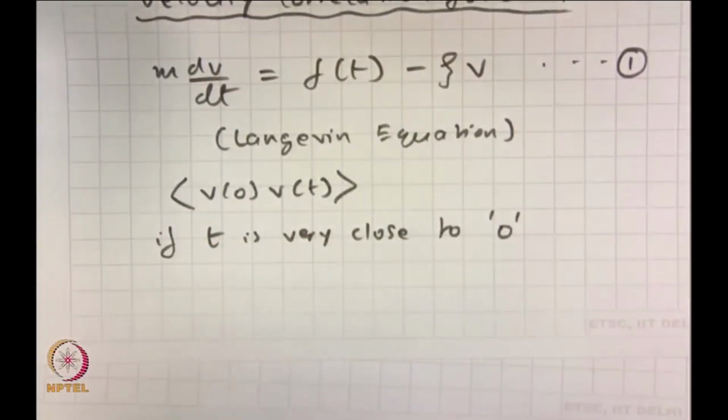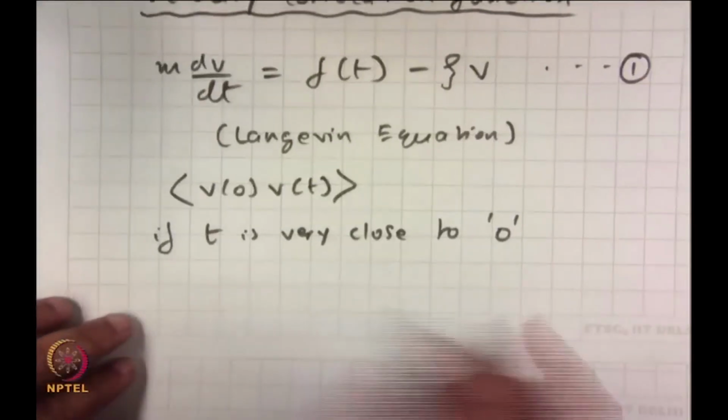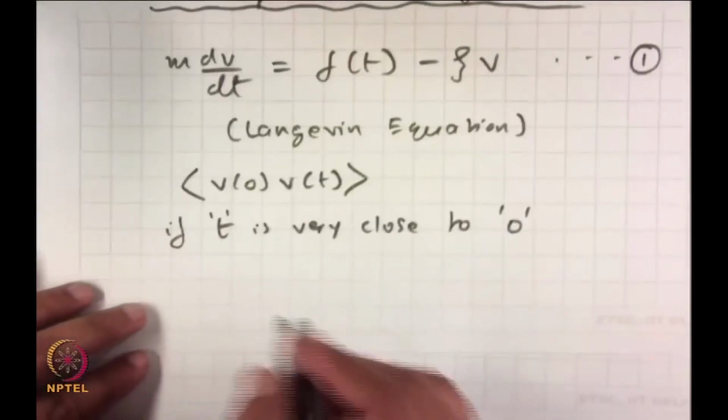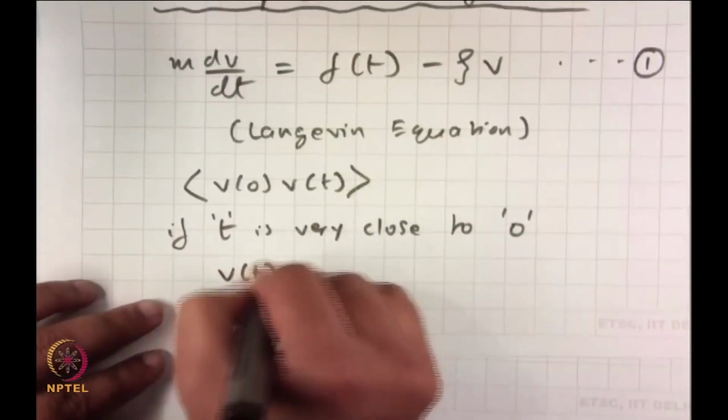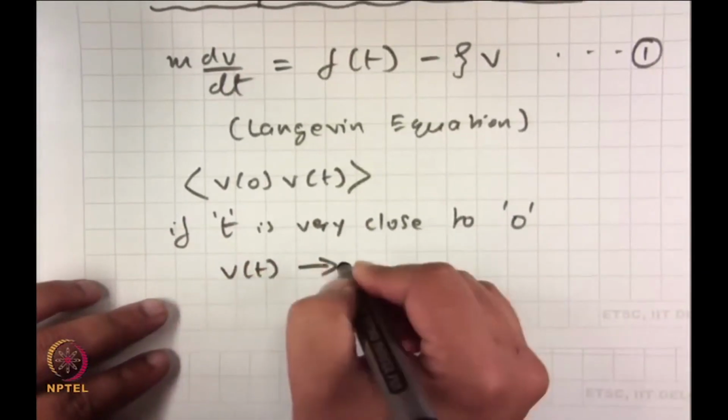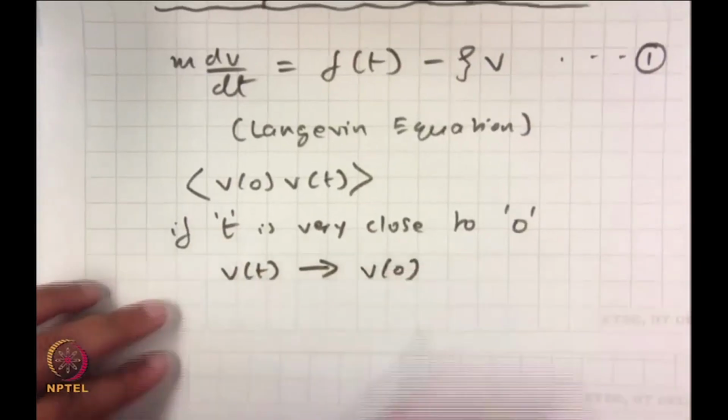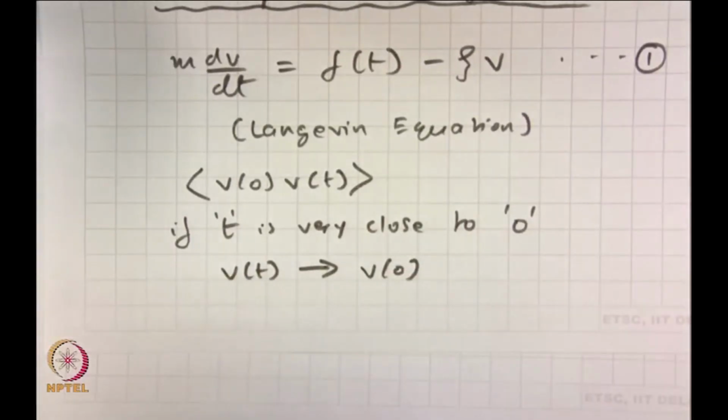It is like what I had for t naught and t naught plus t correlated. What I am saying is t naught is equal to 0, then any other time t correlation is essentially t for me. So, if t is very close to 0, then what about V of t? It would be almost tending to what? V 0, excellent. Okay. So, then what is the maximum value of this ensemble average?